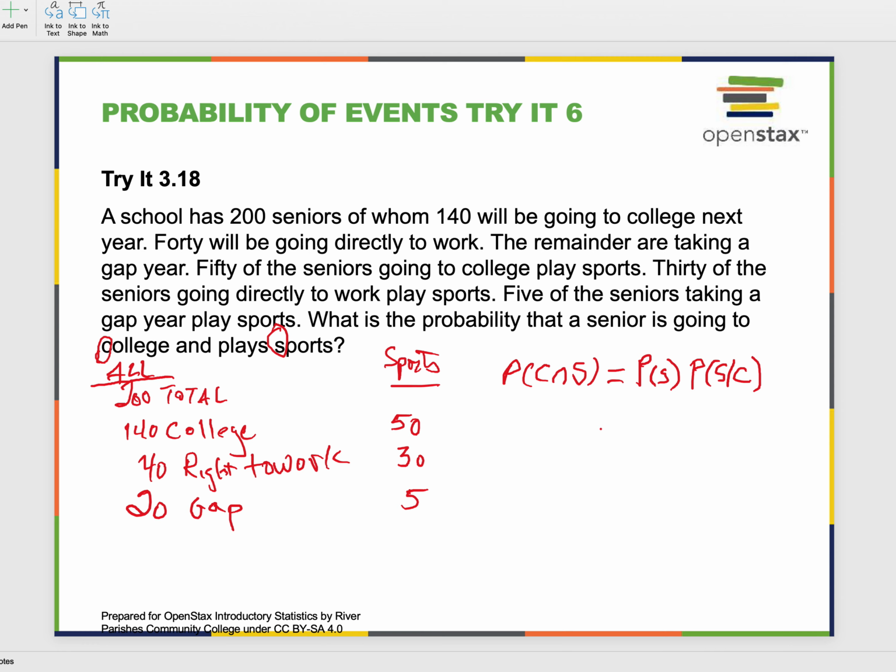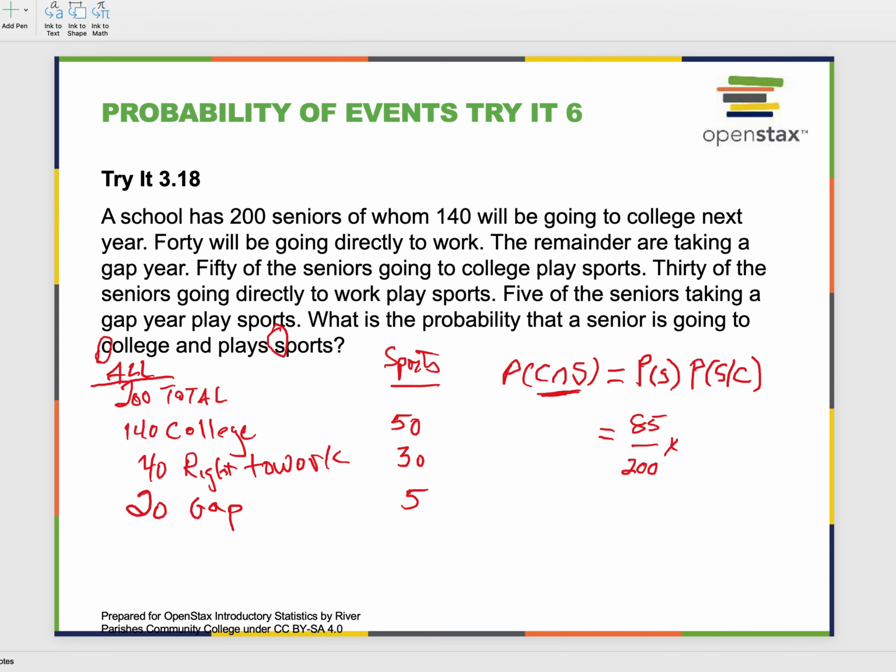Okay. So what's the probability of sports? That's 85 over 200. Times the probability of sports. Oh, I'm making this way too complicated, aren't I? What's this count? Let's make it easy. I'm really making this hard.